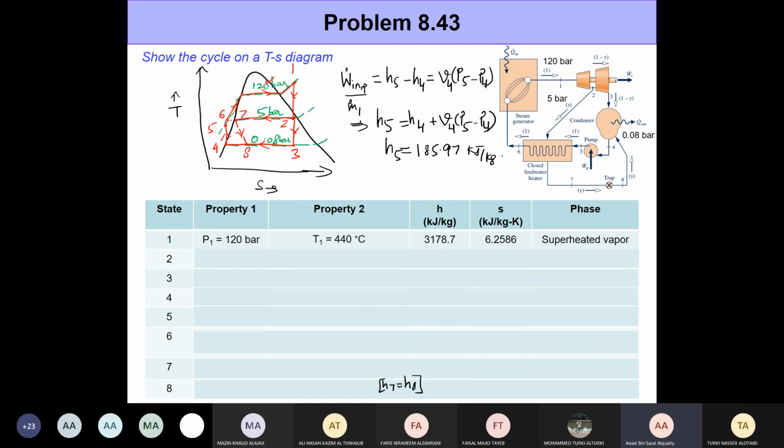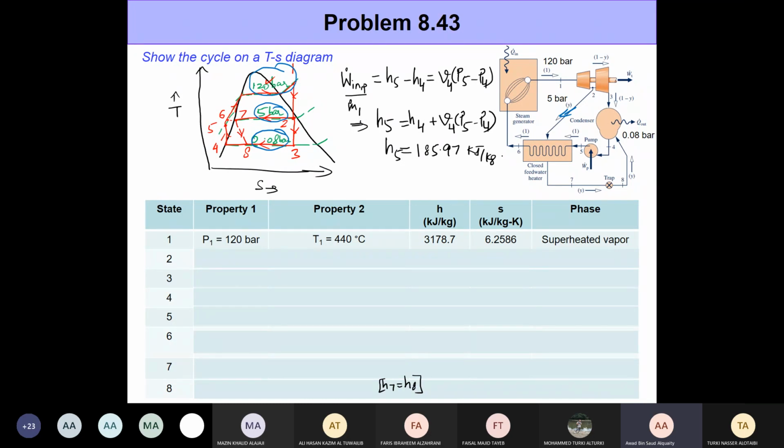It's indicating the boiler pressure of 120 bar, the feed water heater pressure, or the pressure of the hot fluid of the feed water heater, at 5 bar, and the condenser pressure of 0.08 bar. This is exactly the same TS diagram that we looked at when we were discussing the closed feed water heater.